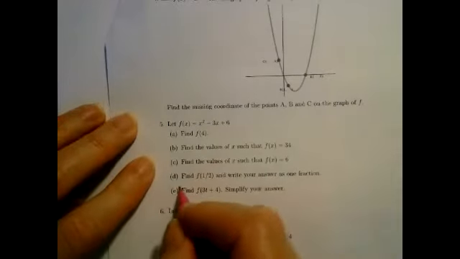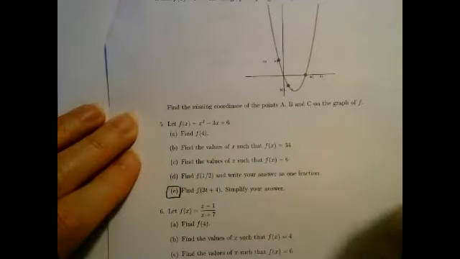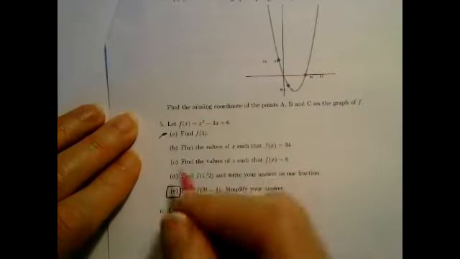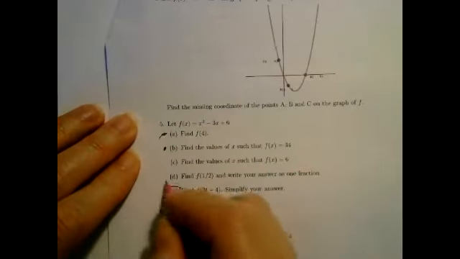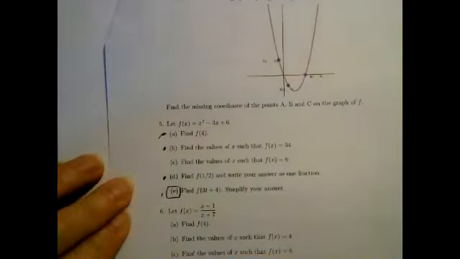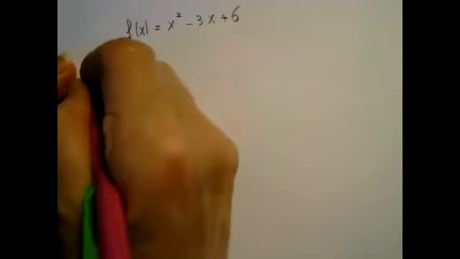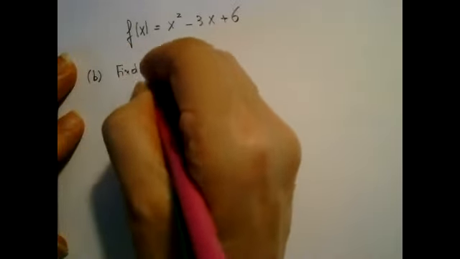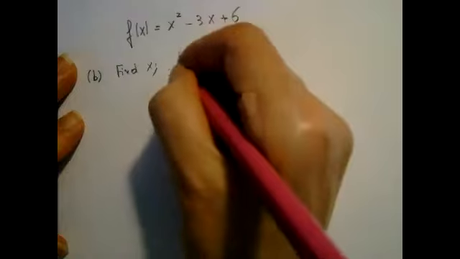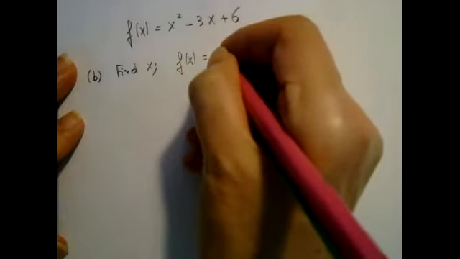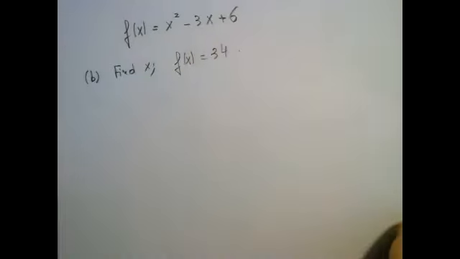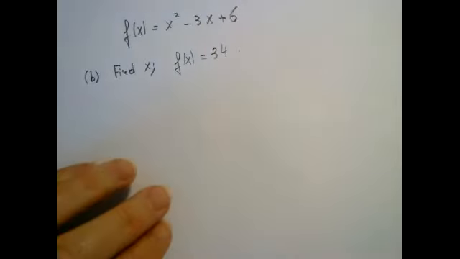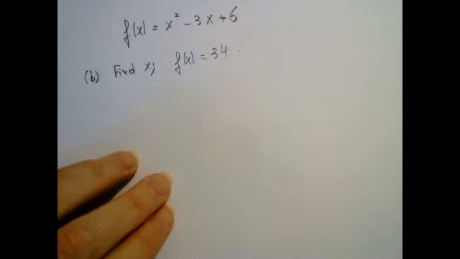So the question is basically part E, but I will pick two. I will do B, and I will do D, and I will do E, just for all of us. So B is: find all x such that f of x equals 34. Is this an easy or a hard question? Quickly. Easy.